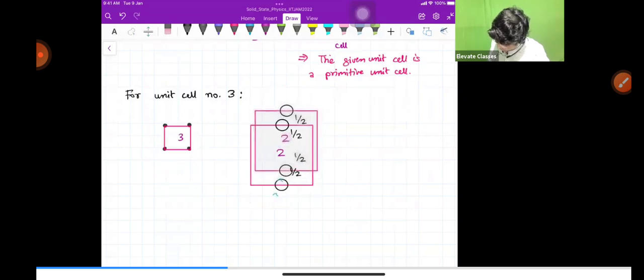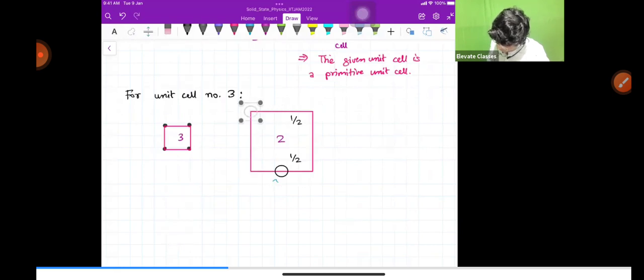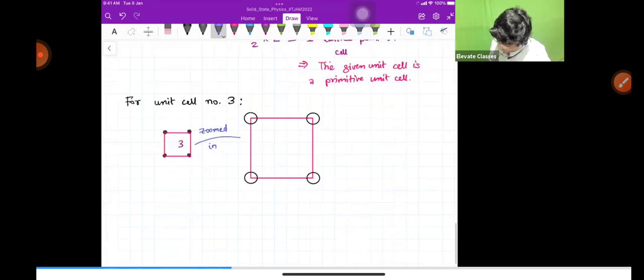So this is the plot we have, and then I'll take this one and shift it to this point, and then take this one and shift it to this point, and then the other one, we can have this. All right. So this is the zoomed in version. Now these are the lattice points, and it's not perfectly placed, but you can get the idea.